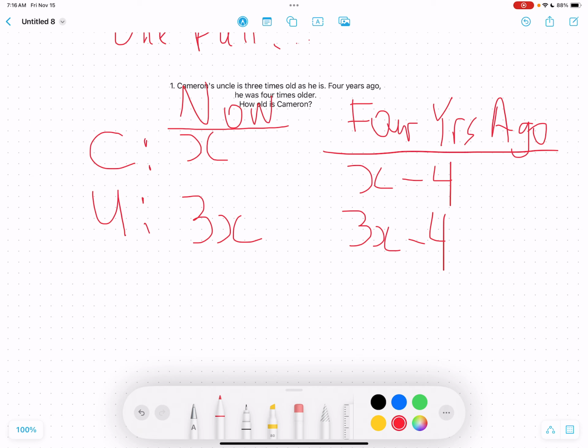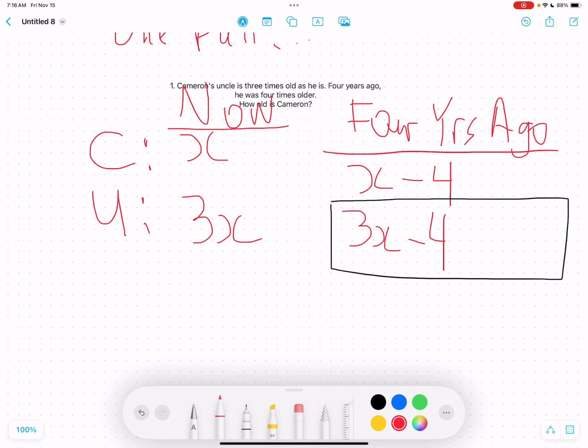All right, that's what happens there. Now let's just see how we can set up an equation to get an answer. So 4 years ago, he was 4 times older. Now I'm kind of looking here. Change the colors, make it very obvious. Put some pride into your work, ladies and gentlemen. 4 years ago, he was 4 times older.